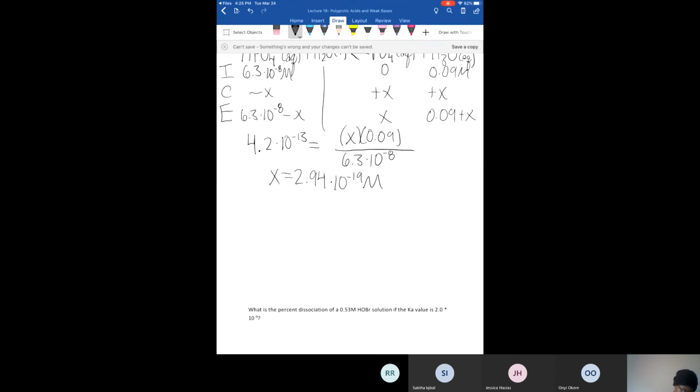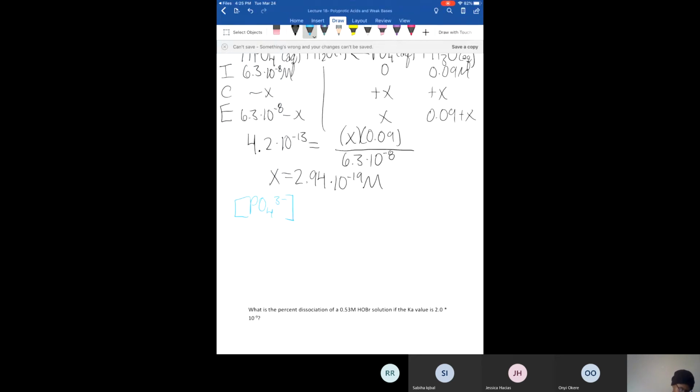So your phosphate ion concentration, negative x in the denominator. Your Ka value is super small, it's times 10 to the negative 13. So it's one of your tricks: you're just going to ignore the minus x, because it's really small.